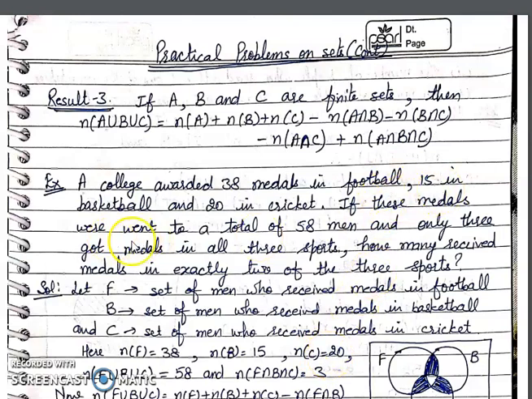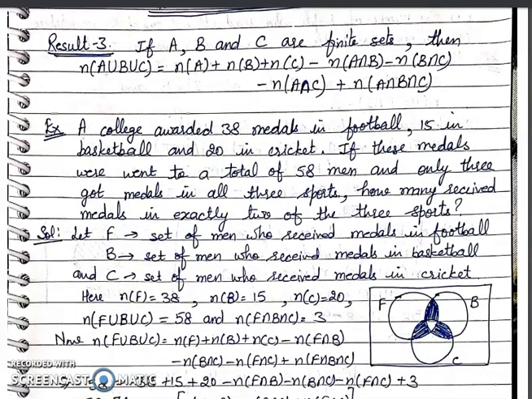These medals went to a total of 58 men, so the number of elements in F union B union C is 58, because in the Venn diagram F union B union C means men who got a medal in these 3 sports.